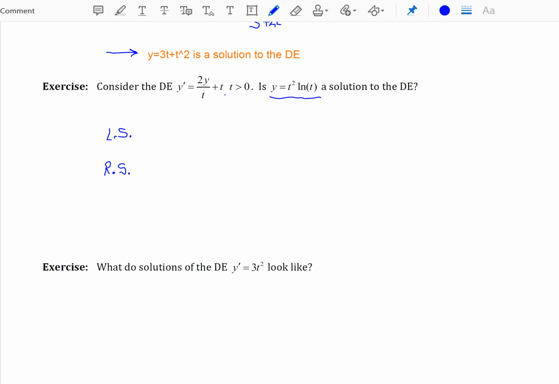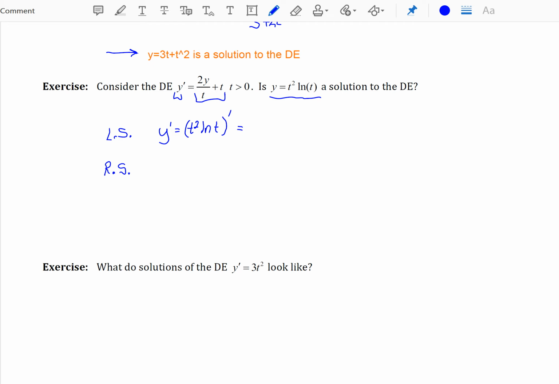So by direct substitution, I want to look at both the left and the right hand sides of the DE and see if they're going to be equal for this solution. So the left hand side, we want to look at y prime. So we want to look at the derivative of t squared natural log of t.